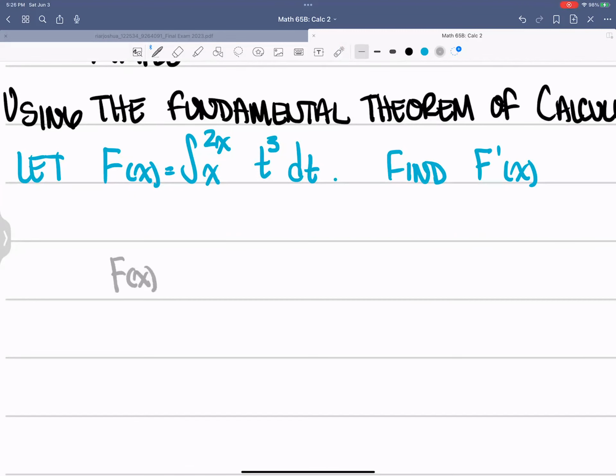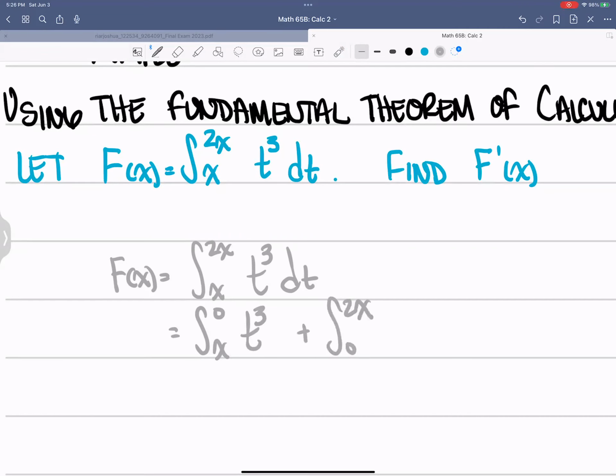So f of x is equal to, we said, the integral from x to 2x of t cubed dt. We could separate those two. We'll say from x up to 0 of t cubed, and we could add from 0 to 2x of t cubed dt.